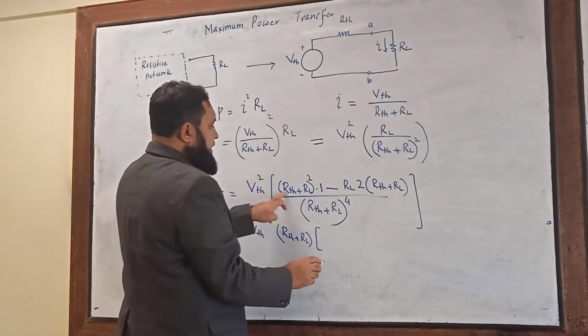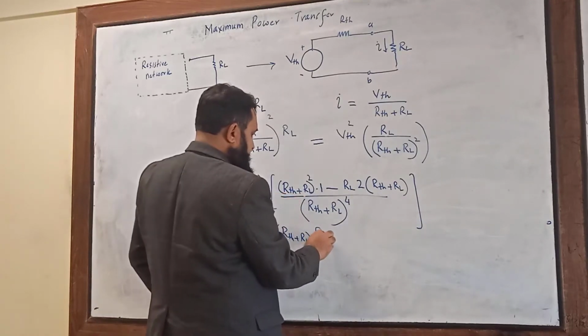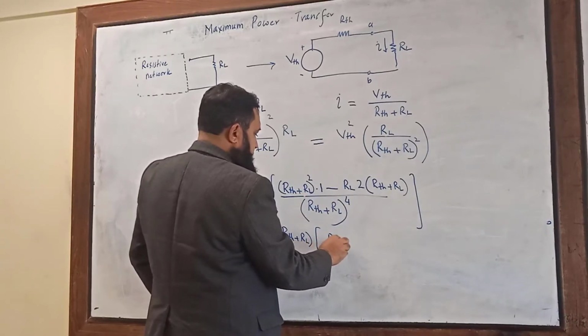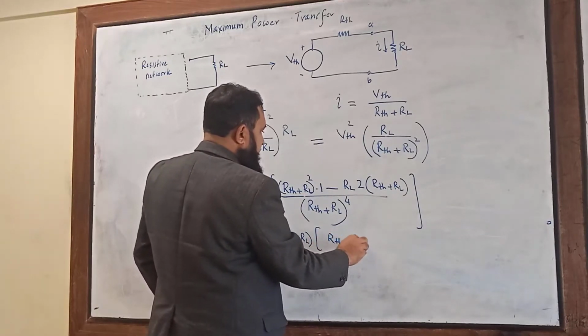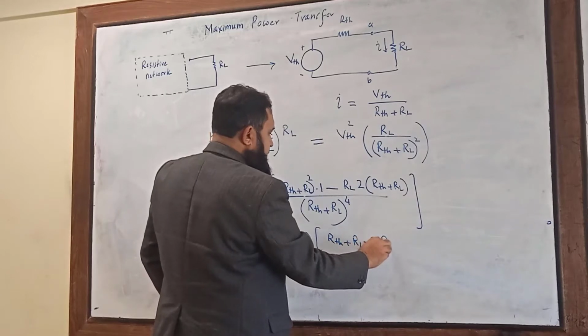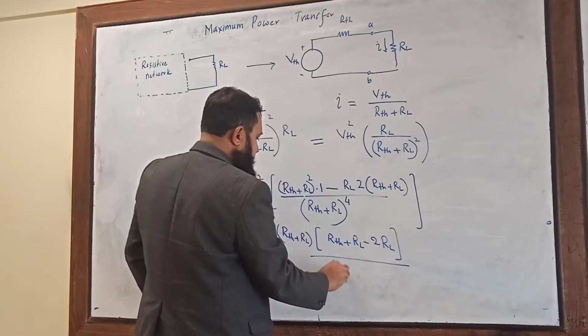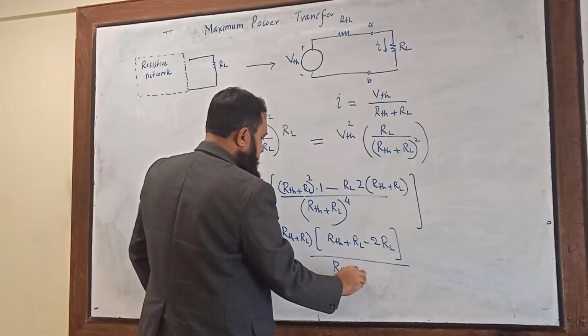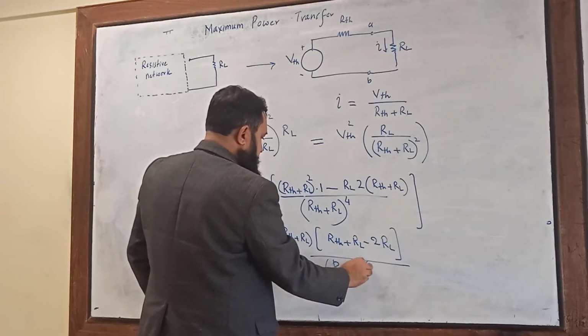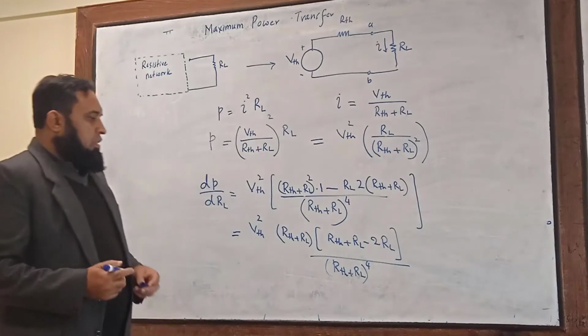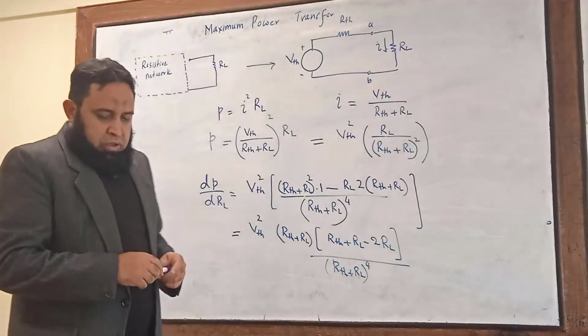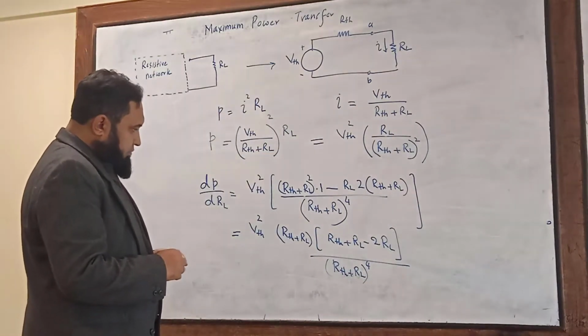So you have RTH plus RL minus 2 times RL, divided by RTH plus RL to the power 4.